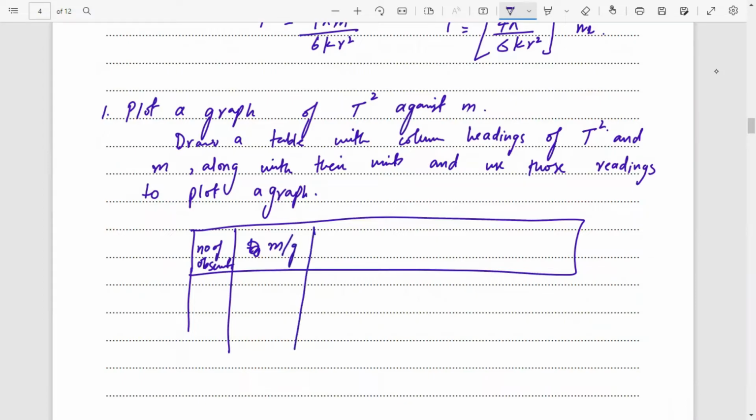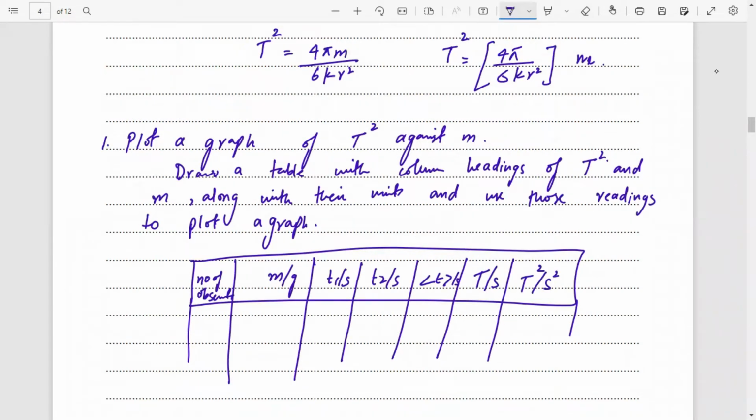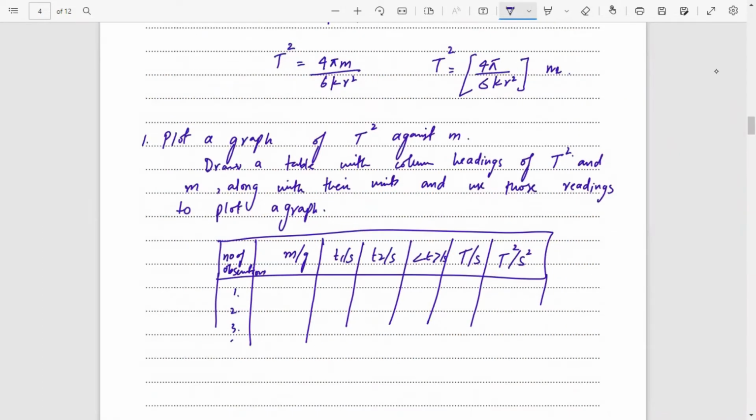I'll write here grams, for example. Then you have t1 seconds, t2 seconds, t average seconds, capital T is the time period, seconds, and T square. You only have to write these headings, you don't need to write readings. And use those readings to plot a graph. Number of observations 1, 2, 3 and so on, 5, 6.